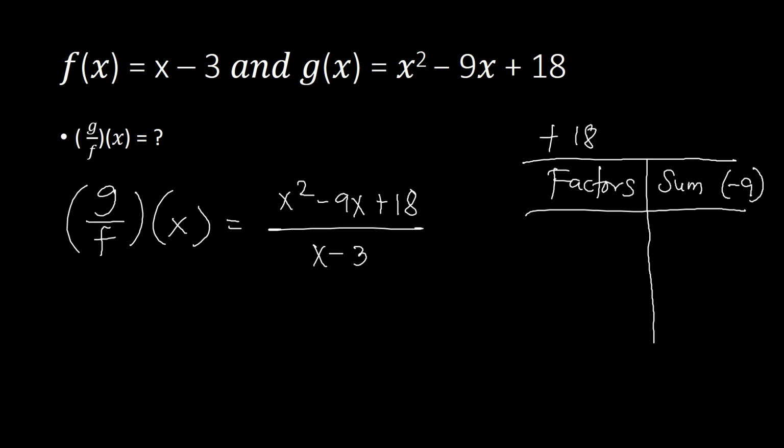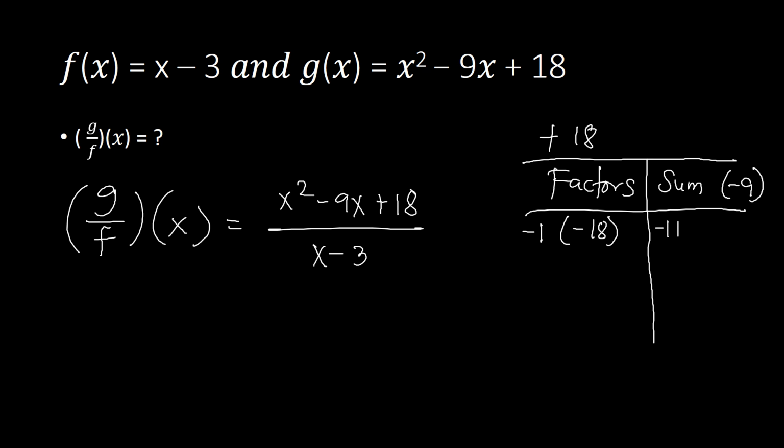Since this is positive 18 and we want the sum of the factors to be negative, we are expecting that the factors should both be negative, because negative times negative is positive. So we start with negative 1 times negative 18, that's equal to positive 18.